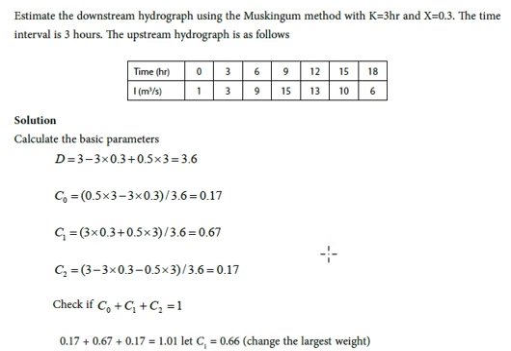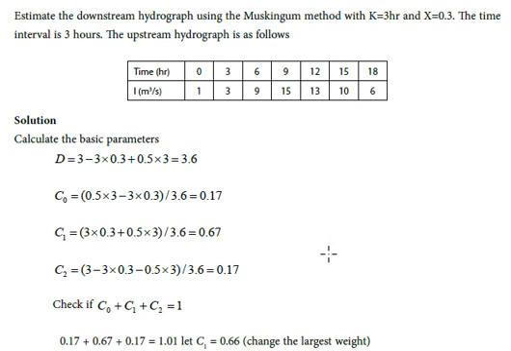So we'll get 3.6. C0 is equal to half the time interval minus KX, divided by D. C1 equals half the time interval plus KX, divided by D, and C2 is equal to K minus KX minus half the time interval, divided by D. Now we will use the check.